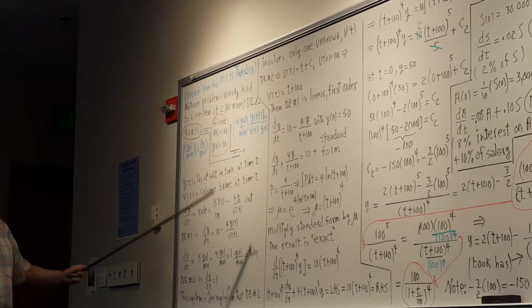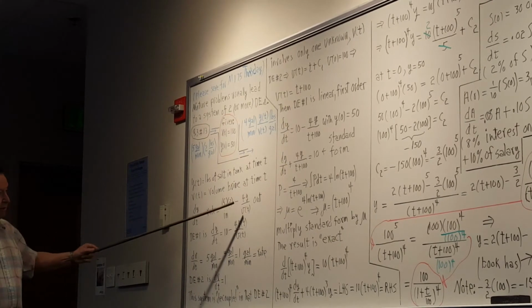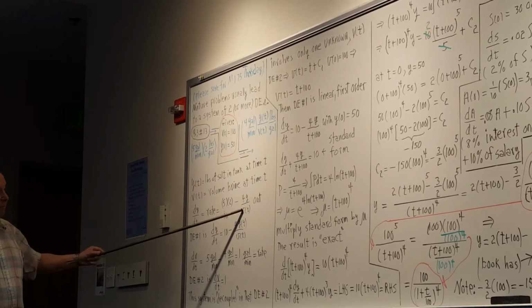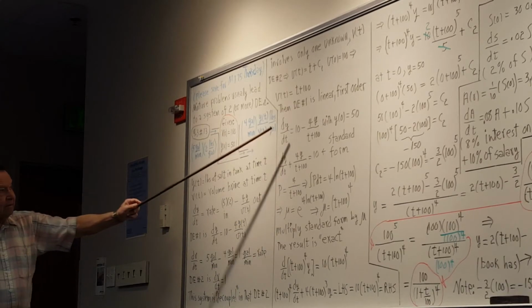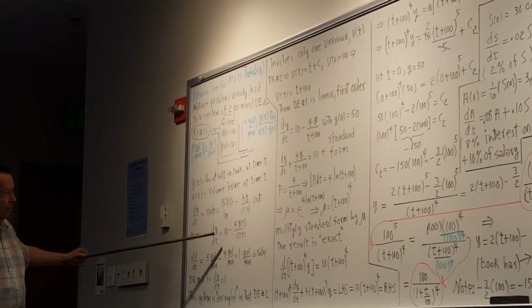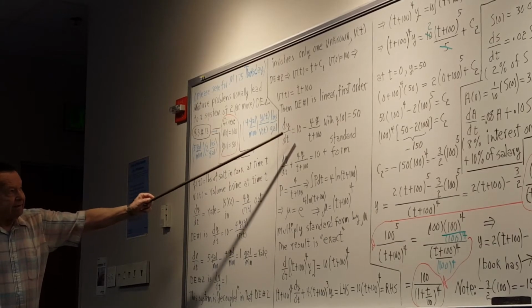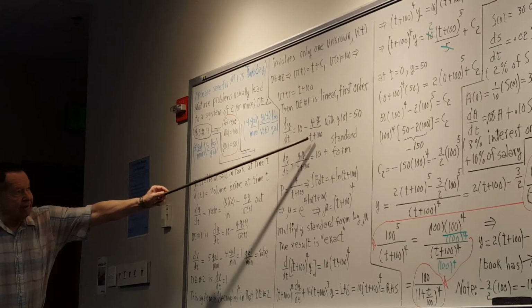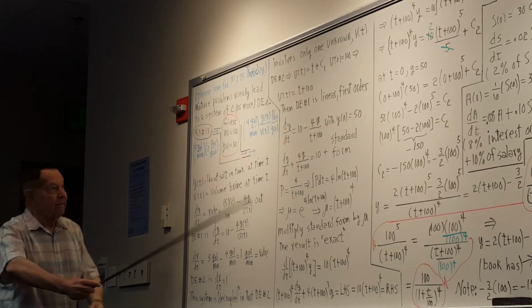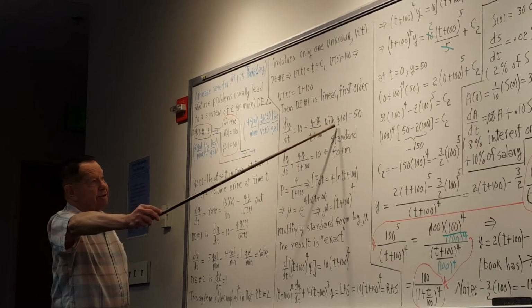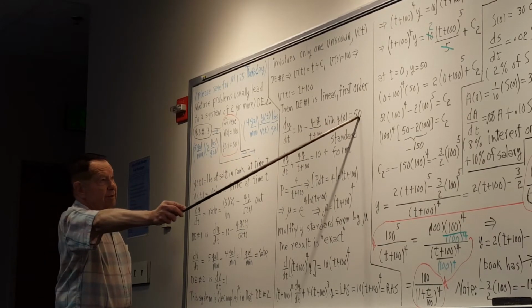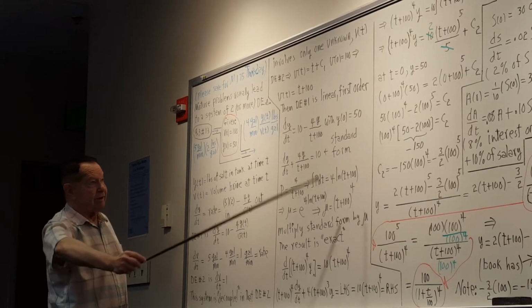Then if you take the t plus 100 and put it there, differential equation 1 becomes dy/dt equals 10 minus 4y over t plus 100, and the initial value is 50 pounds of salt at time 0.